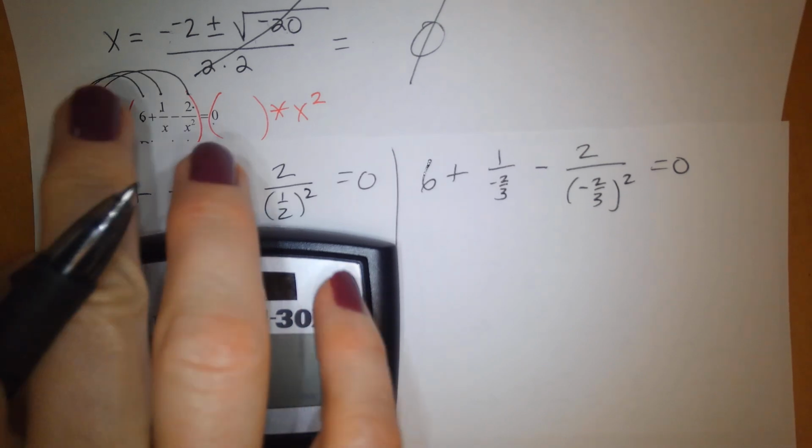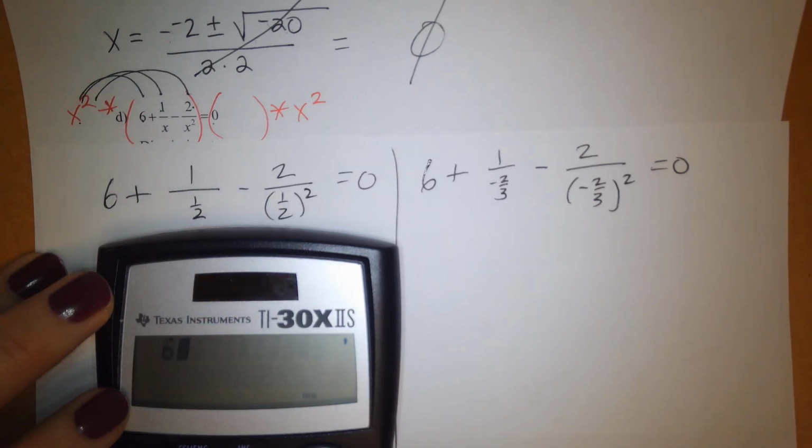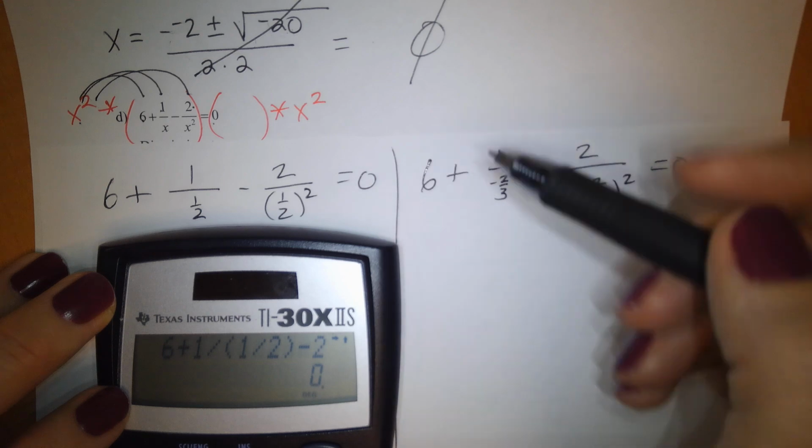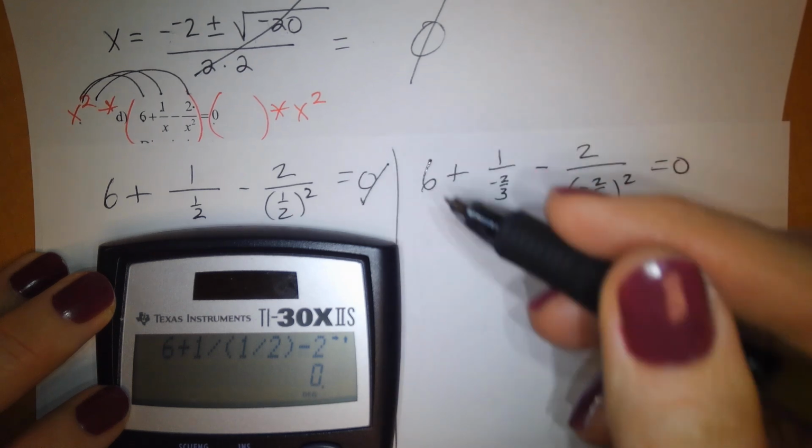The first one we have here on the left-hand side is 6 plus 1 divided by 1/2 minus 2 divided by 1/2 squared equals 0. So this one does in fact check.